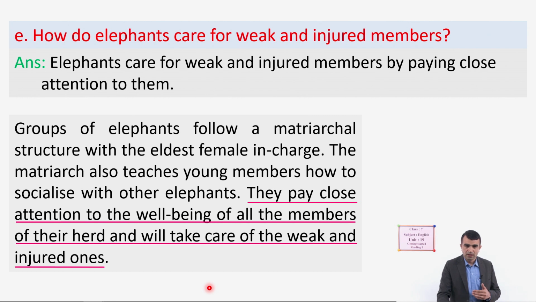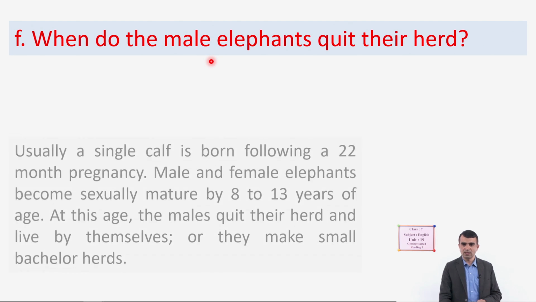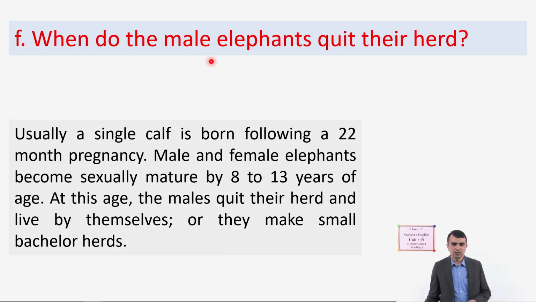Okay. Now F. When do the male elephants quit their herd? When do they quit their herd? Quit means leave their herd. When? Well, that is given here. Usually a single calf is born following 22 months pregnancy.